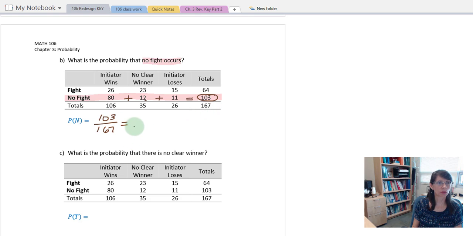Once we convert that to a decimal, we get 0.617. For part C, what is the probability that there is no clear winner? So we find on the table where it says no clear winner. So we are taking 23 added to 12 equals 35. So we have 35 out of the total 167. 35 divided by 167 equals 0.210.